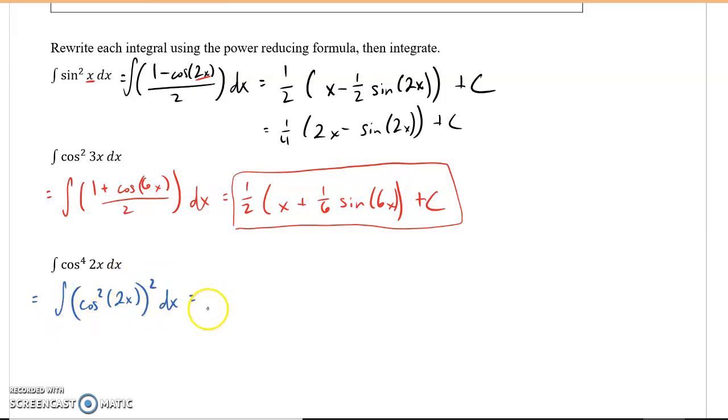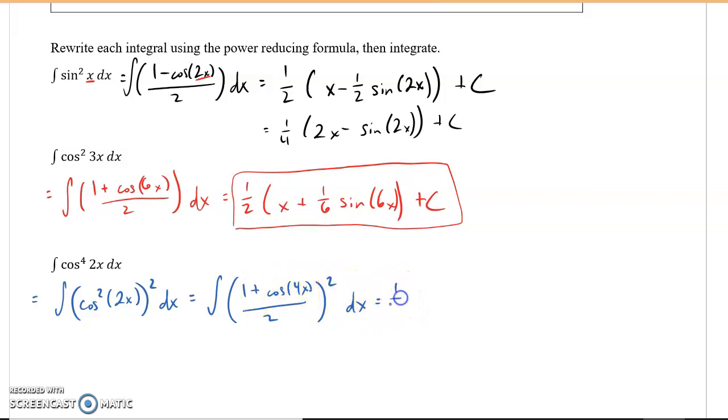So inside the parentheses, we've got cosine squared of 2x, and then we're going to square that. But instead of writing cosine squared of 2x, I'm going to rewrite that as 1 plus cosine of 4x over 2. All right. Well, that means that I can square this out.